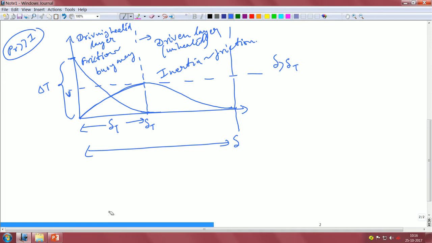So, in other words, in this region, if we just apply a balance where inertia balances friction, what we will have is V square by H balancing gamma V by delta square, correct. Now, we already know the scale of V, that we just did, if you go to the previous one.